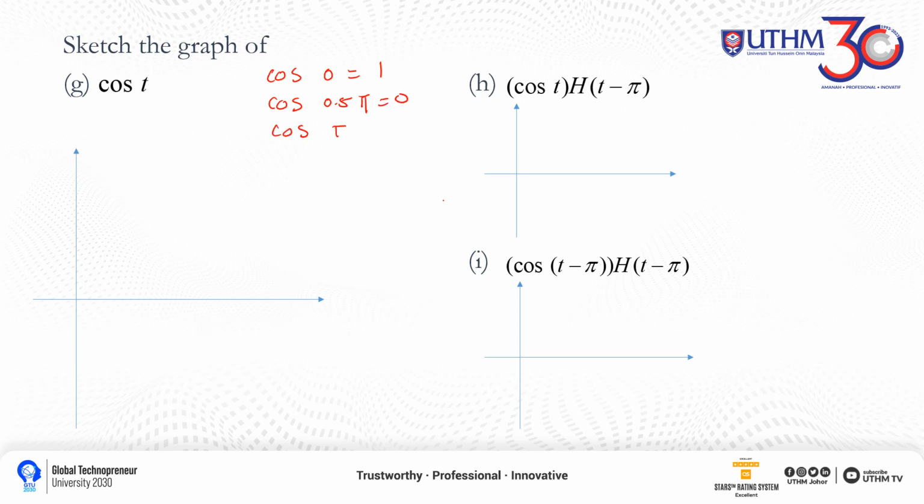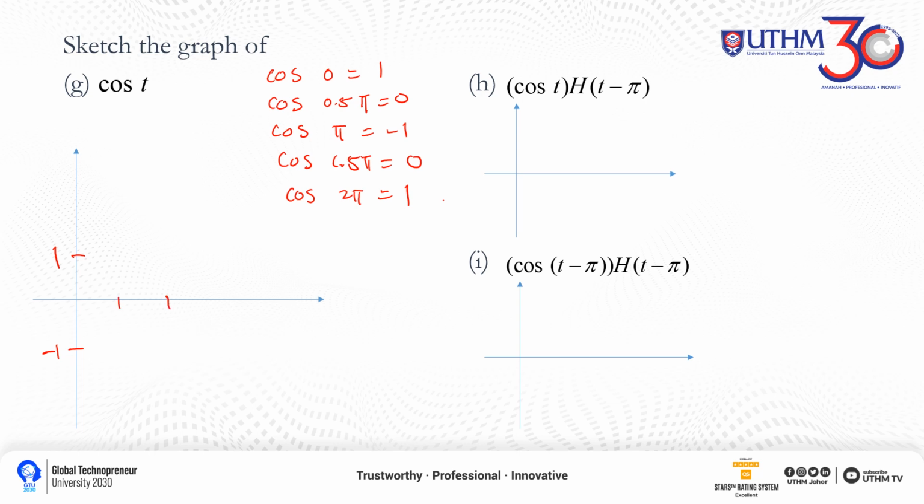Cos pi is equal to minus 1. Cos 1.5 pi, it is 0. And cos 2 pi, it is 1. So the amplitude of cos is 1 only. Okay, so you can plot from minus 1 to 1.